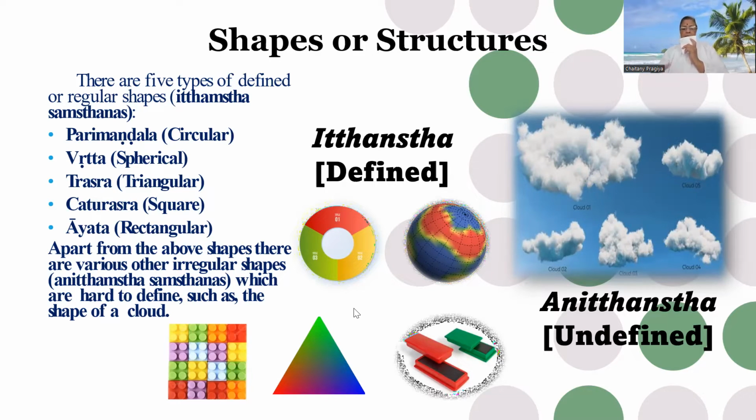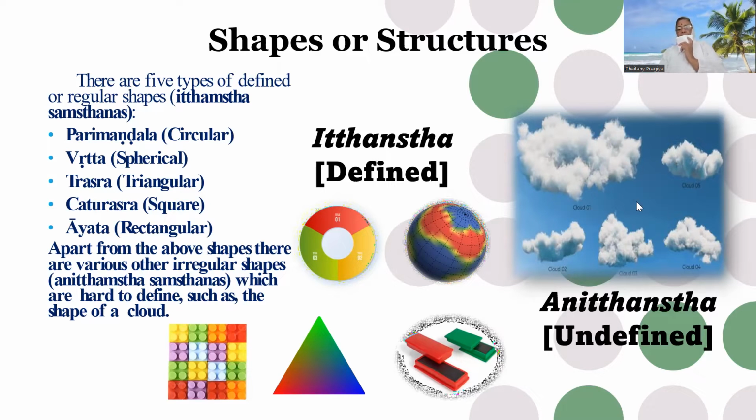So these 5 types of shapes can be easily defined and are very clear. But there are certain things which do not have a particular shape, or the shapes of those things cannot be defined in clear language, that what kind of shape they have. So they are known as anithanst shapes. Those shapes which can be easily defined are known as ithanst shapes, and those which cannot be defined are known as anithanst shapes.